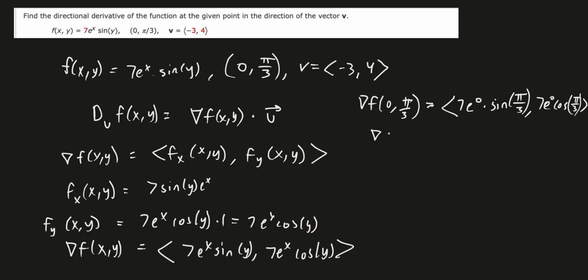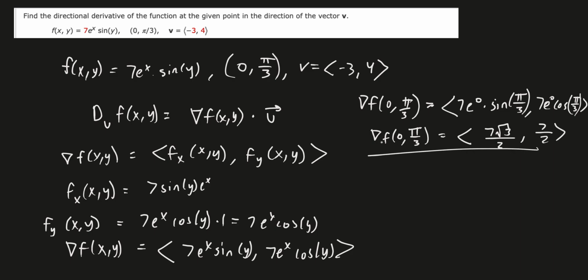So just to finish up, we have 7 times 1 times root 3 over 2, so it's 7 root 3 over 2. And this is 7 times 1 times 1/2, 7/2.